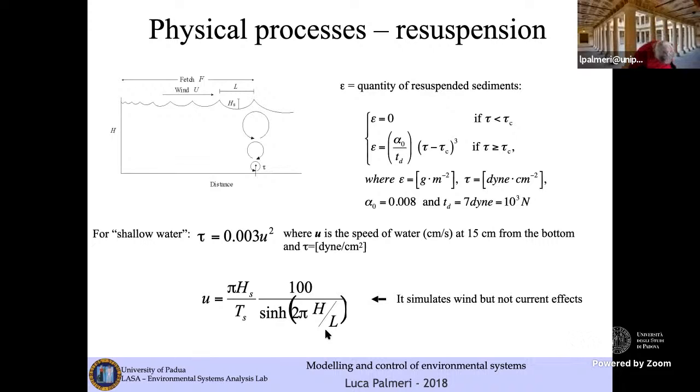So by employing this kind of model, we are just transferring the effects of winds, generating waves and movements, into a shear stress that is responsible for suspending materials from the bottom. This is the most general model you may find to describe suspension in water bodies.